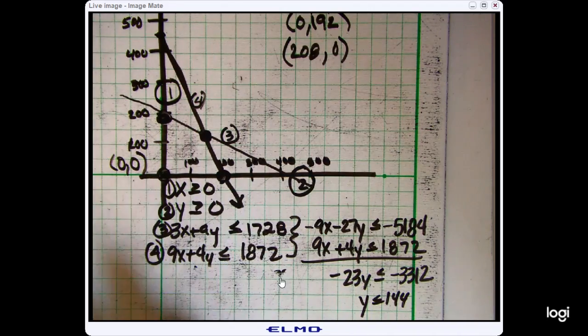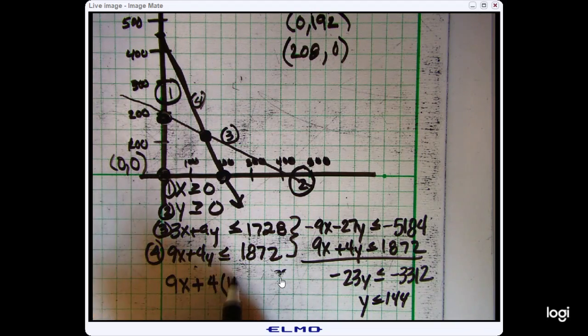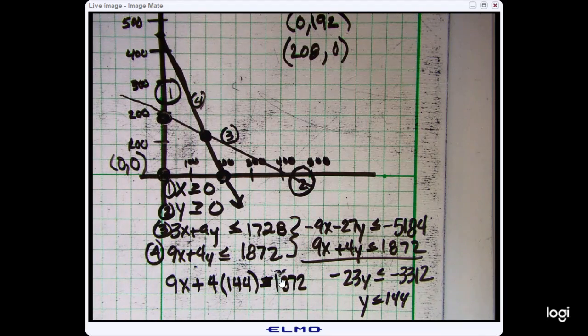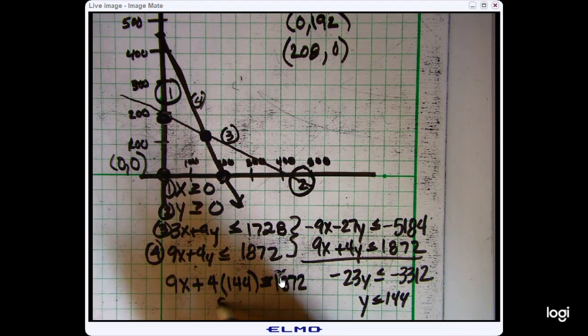So then if I plug that back into either one, I'm going to go ahead and go with the bottom because that 4 is smaller. 9x plus 4 times our y value equals 1872. And actually, we're trying to see where these are equal to each other, so I can have an equal sign. 4 times 144 is 576.